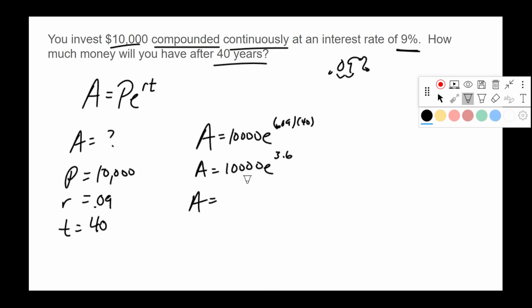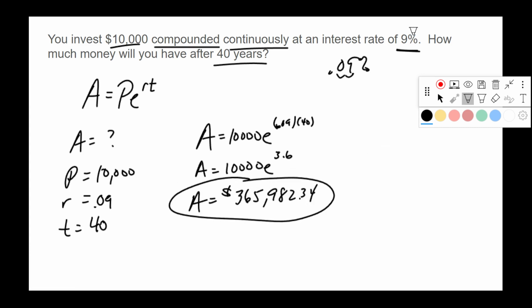And if you do that correctly, you will get the following staggering amount: $365,982.34. And that's mostly because of this fancy interest rate, which we'll never get, 9%. That'll never happen. And all the time that we left it in there, 40 years. And that would be your correct answer.